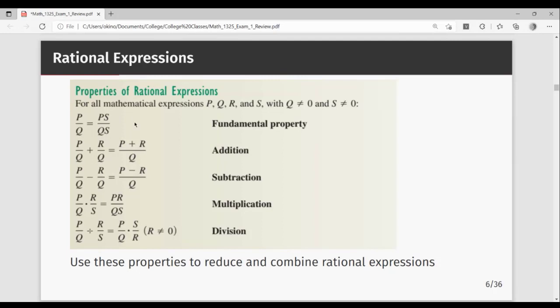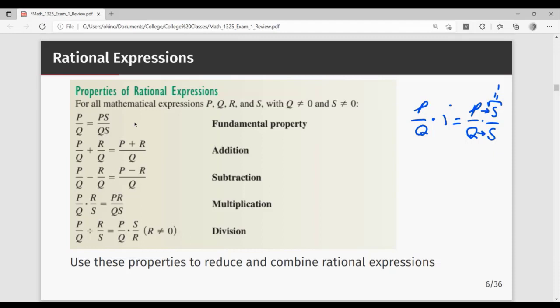If I had the rational expression p over q, and I want to multiply by a fancy version of 1, anything divided by itself is equal to 1, so this whole expression here is equal to 1. When I multiply fractions, I just multiply the numerators across and the denominators across, and that's how we get this PS times QS.